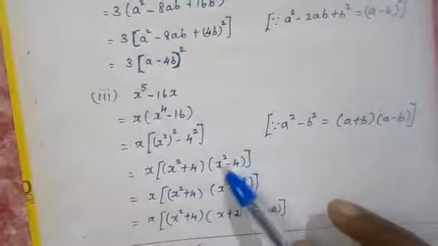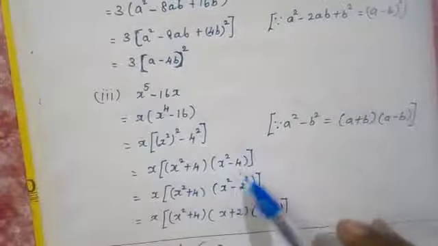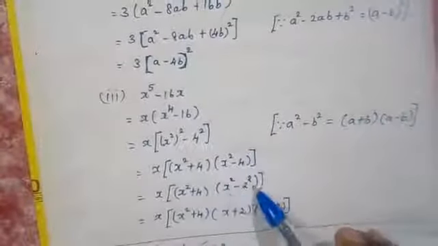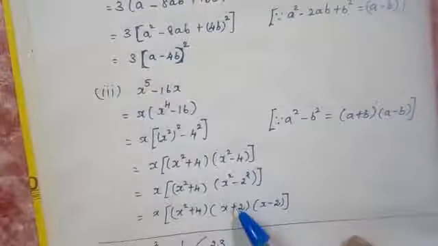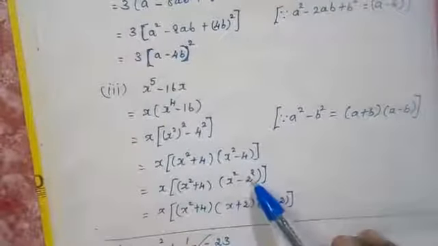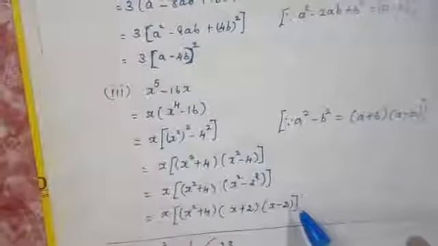But x square minus 4 we have to write in simplified form, that is x square minus 2 square. For this again we use the formula, a square minus b square equals a plus b into a minus b. In the a place we have x, in the b place we have 2. So x plus 2 into x minus 2.